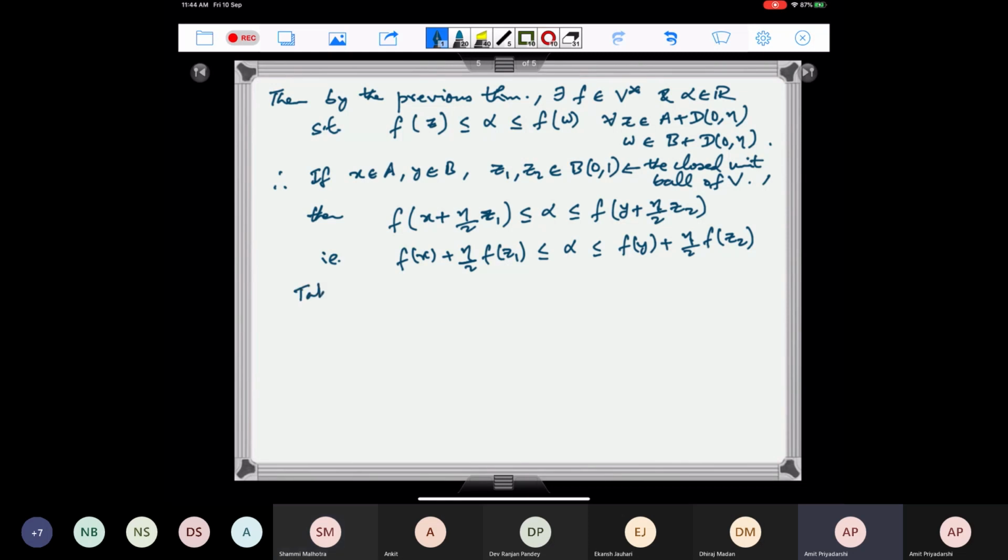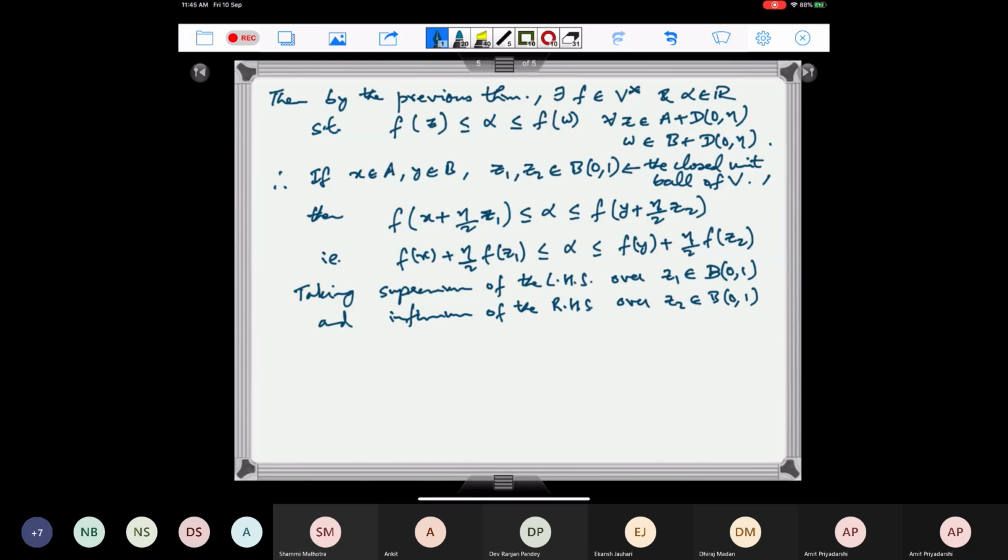So now taking the supremum of the left hand side over z1 belonging to B01 and the infimum of the right hand side over z2 belonging to B01, we get f of x plus eta by 2 norm f is less than or equal to alpha is less than or equal to f of y minus eta by 2 norm f.